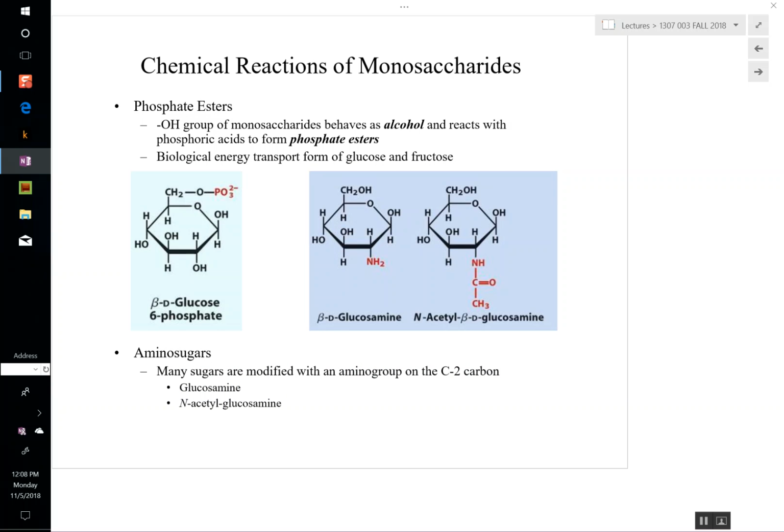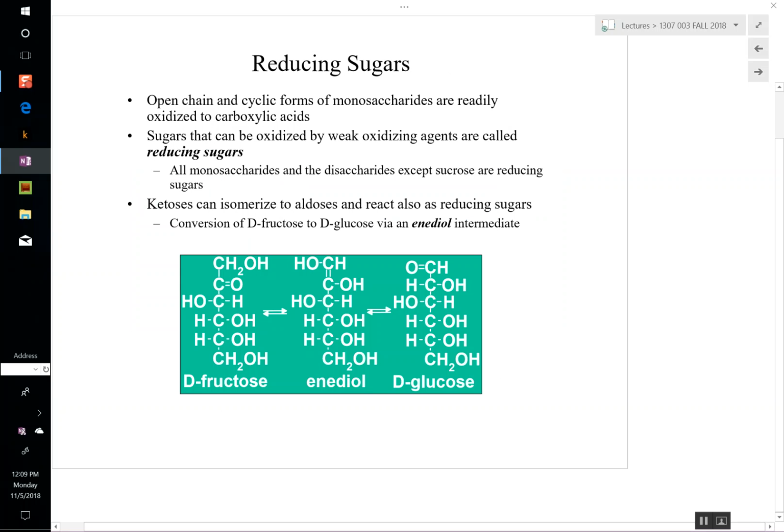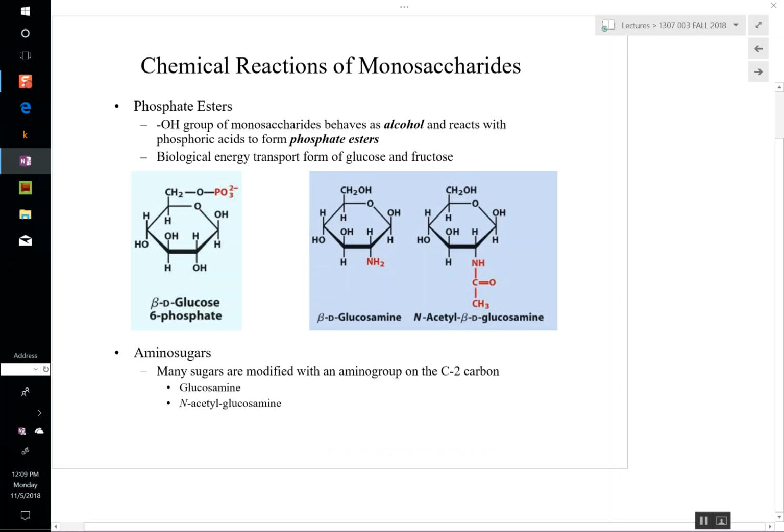Remember that? Glucose turns from blue to red. Well, we'll do that with fructose also. Even though fructose is not an aldehyde, it can rearrange into an aldehyde and give a positive glucose test. That's enough said about that.